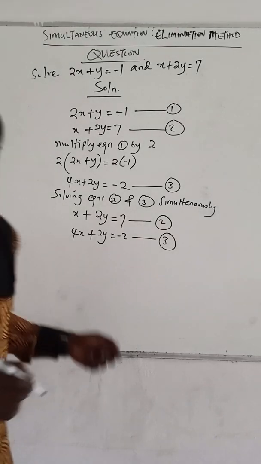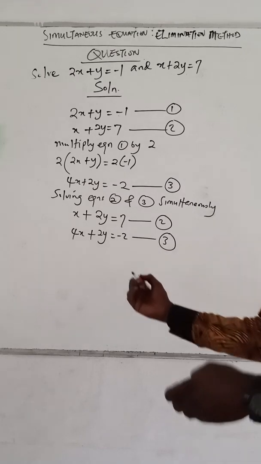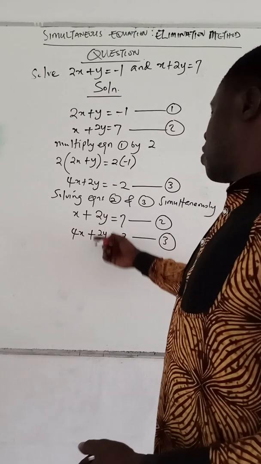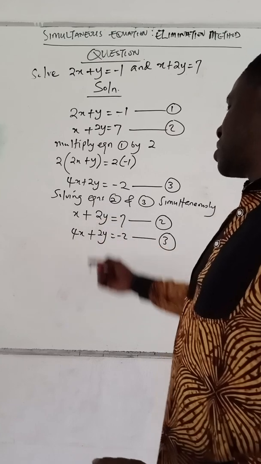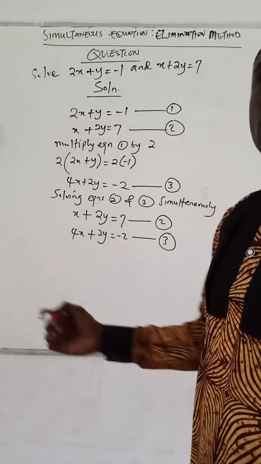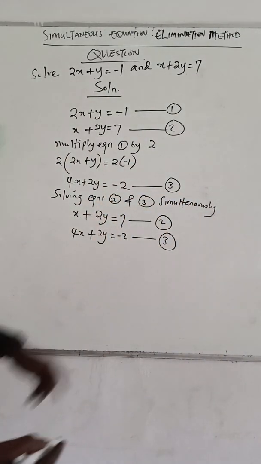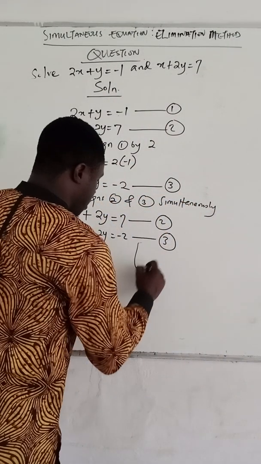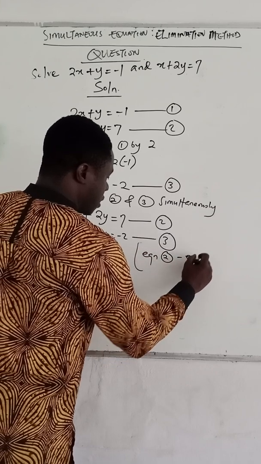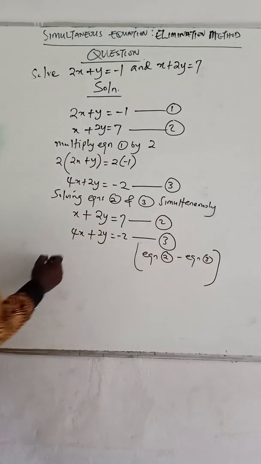At this point, our target is to eliminate the terms in y. So the only operation we can use to eliminate terms in y is to subtract. We can say equation 2 minus equation 3, or equation 3 minus equation 2.